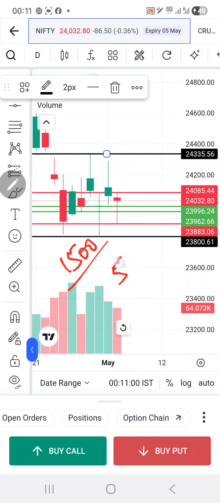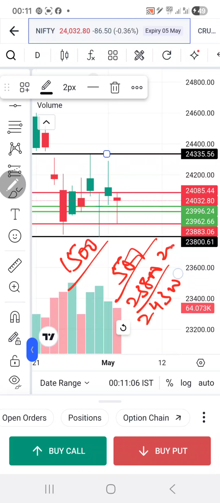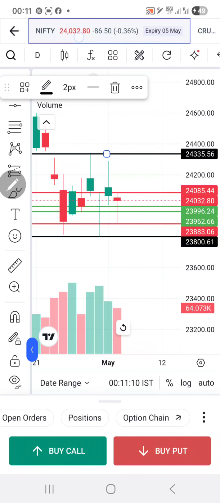Right now this is 500 points, that means 23,800 to 24,300. That means Sensex is 3 times Nifty. So 500 times 3 is equal to 1,500. It is very clear, right?